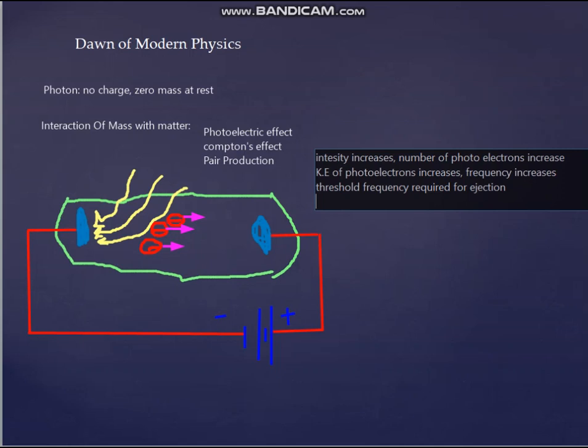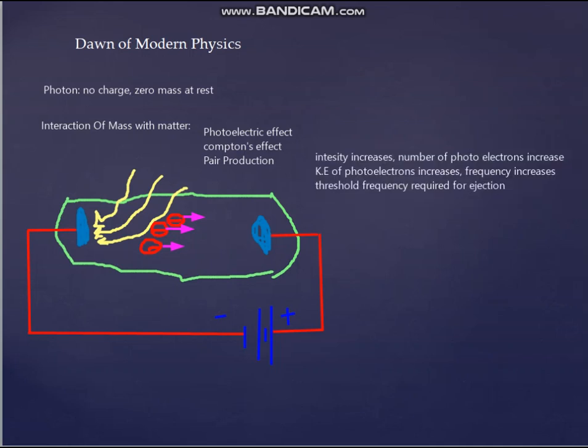Okay, now how do we calculate the maximum kinetic energy of the photoelectrons? Let me give you an example. How would we even know that there's a kinetic energy of these electrons? We know they are moving, but how do we determine their kinetic energies?